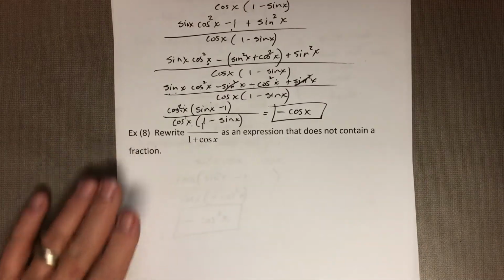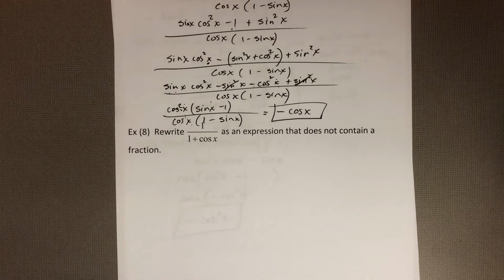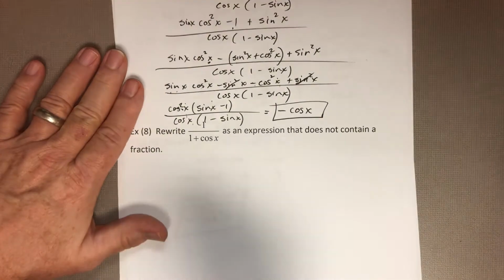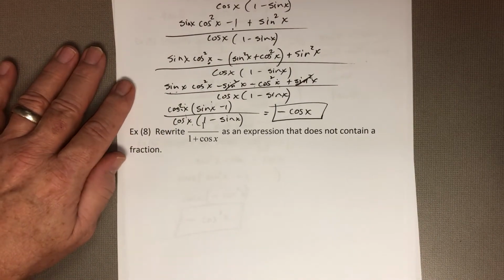Example number 8 says, rewrite 1 divided by 1 plus the cosine of x as an expression that does not contain a fraction. Well, one of the things you might want to try when you have a fraction and you don't want a fraction is to multiply the numerator and the denominator by the conjugate. If it's a sum, the conjugate would be the difference of the same two quantities.